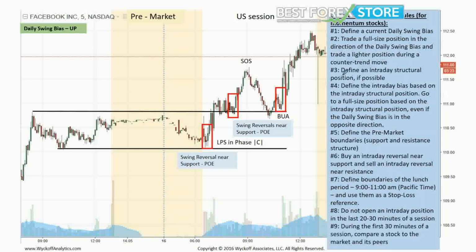But you also can define an intraday structural position, and you can develop an intraday bias based on that. We've talked with Kiran about that, right? So if we have this structure right here, and I know that this is a sign of weakness, I'm sorry, a sign of strength.